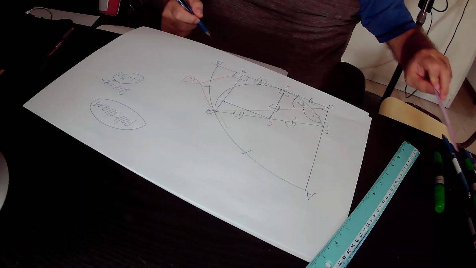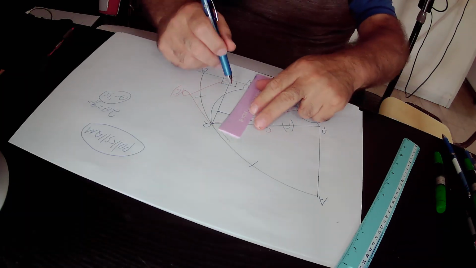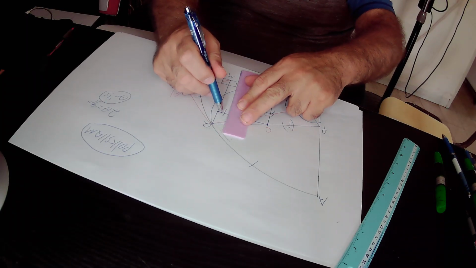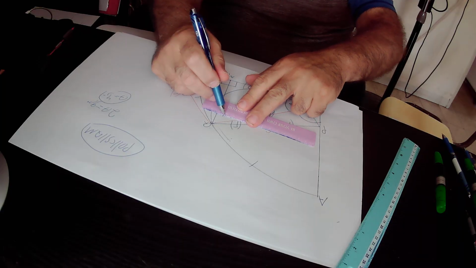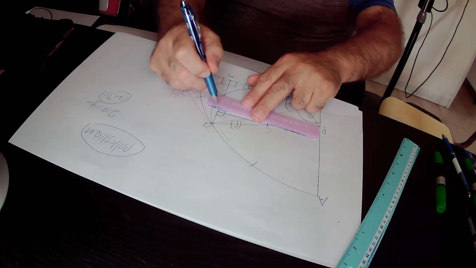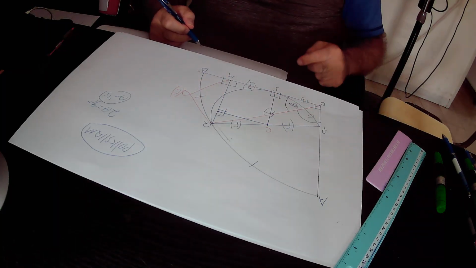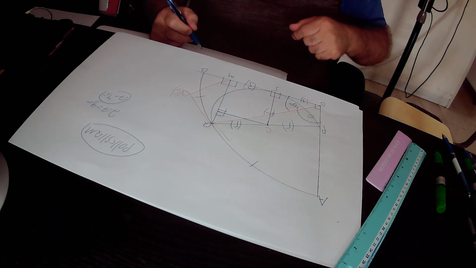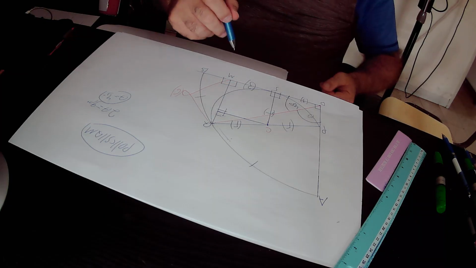So actually, this angle equals 90 degrees. This angle also equals 90 degrees according to our construction. The touching point of the perpendicular from point C and QM is point L.